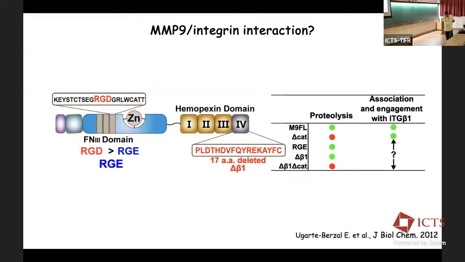Okay, so how does MMP9 interact with integrins? What I'm showing you is the entire structure of MMP9: this is your catalytic domain, pro domain, signaling peptide, and there are your hemopexin repeats. What has been reported in the literature in the context of melanoma cells is that this hemopexin domain 4 has a sequence of amino acids responsible for binding to integrins.